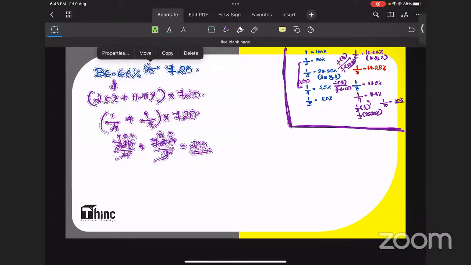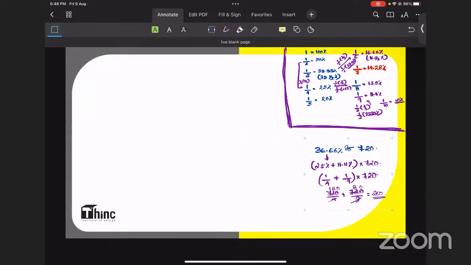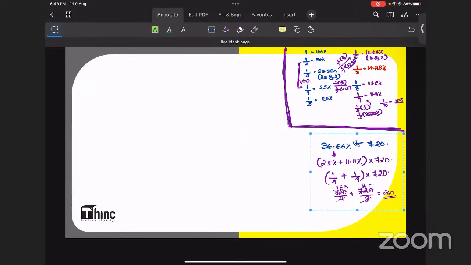Similarly, we can do another question. 18% of 120.